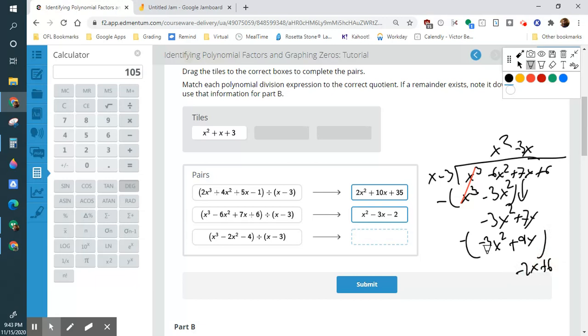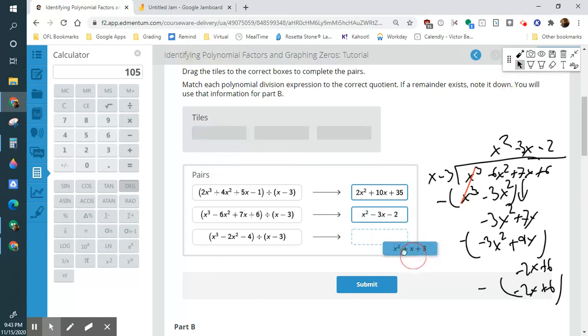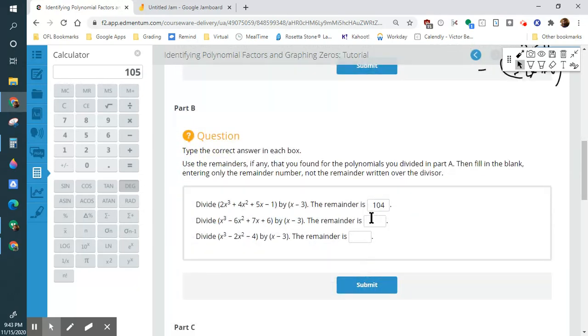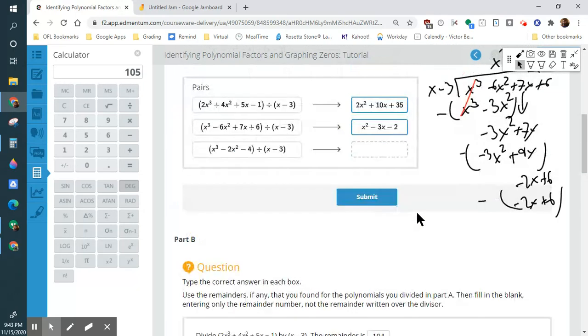I'm going to multiply this by negative 2. And this actually means that there is no remainder. That means that x minus 3 is a factor. When you get no remainder, that means it is a factor. And this is going to go into place later. So this one is 0.